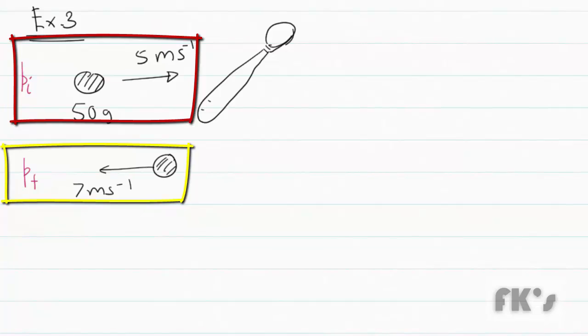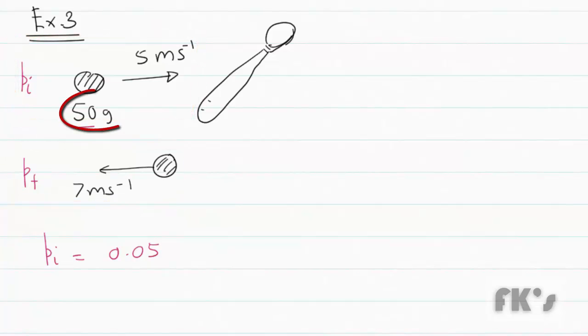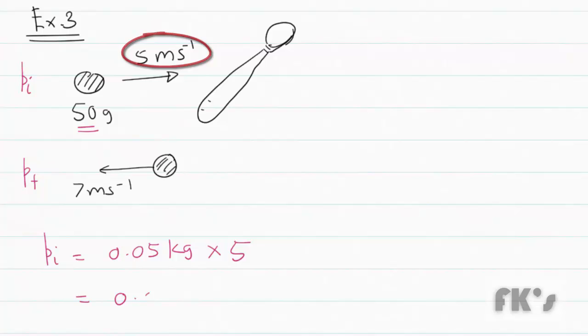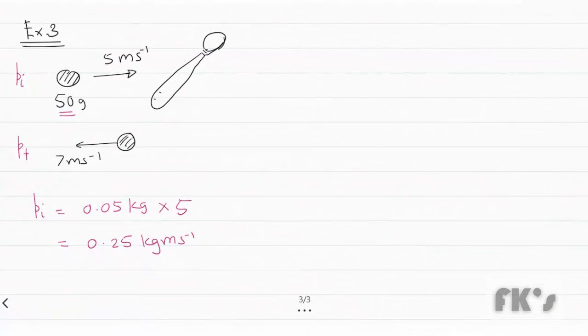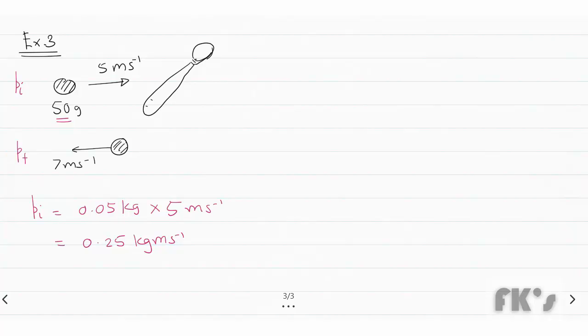So pi, the initial momentum, is 0.05 kilogram, of course 50 grams converted into kilograms, multiplied by the initial velocity of the ball, that is 0.25 kilogram meter per second. That's the initial momentum. Let me calculate the final momentum.